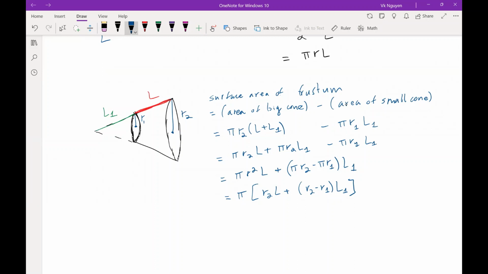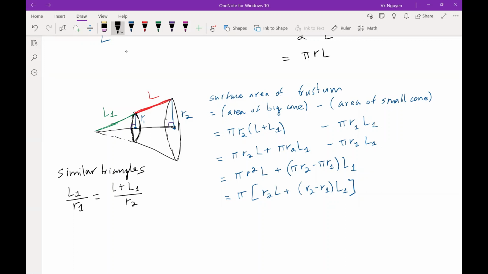Yay! Well, in the frustum, we don't have L sub 1, so we'll have to do some kind of substitution. We can draw a straight line here, and we say that there are two right triangles, this one and the bigger one. Use similar triangles. Similar triangles tell us that L1 over r1 is L plus L1 over r2.